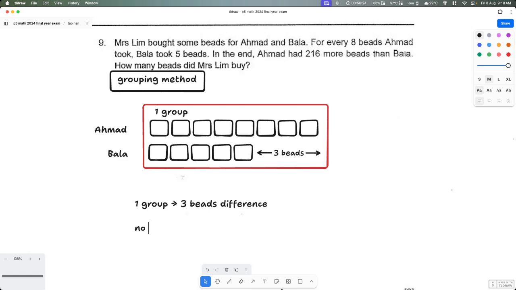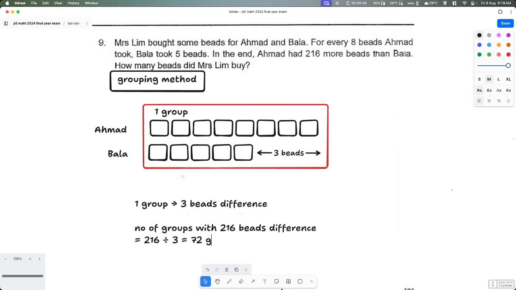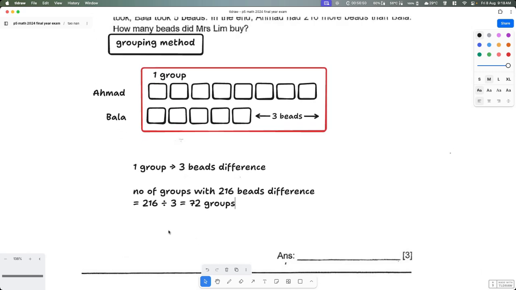So that means the number of groups with 216 beats difference is equal to 216 divided by 3. This gives us 72 groups. So how many beats did Mrs. Lim buy?